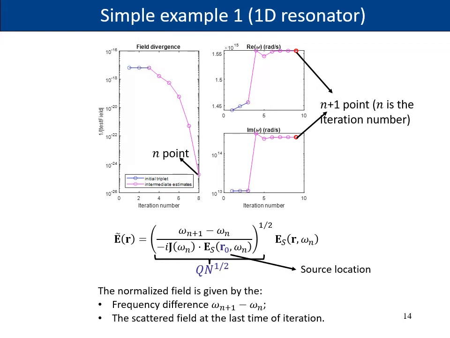This point is a frequency which has the closest distance to the QM pole in the complex frequency plane, and it is deduced from the frequencies and the test fields of the last three iterations. With this frequency, along with the frequency and the field computed from the last iteration, we are able to compute the normalized quasi-normal mode of the system from the formula which I have shown here.